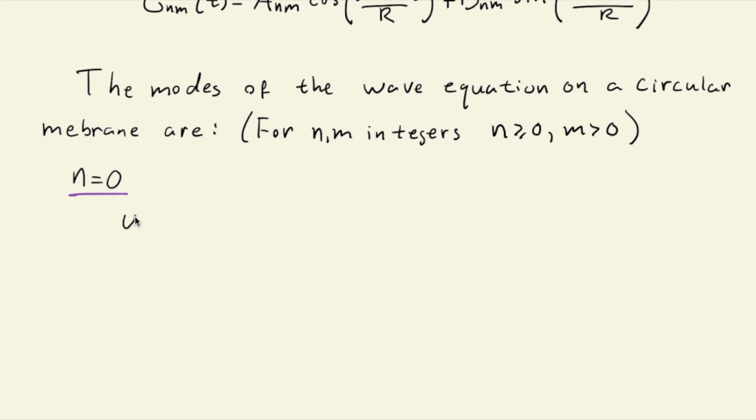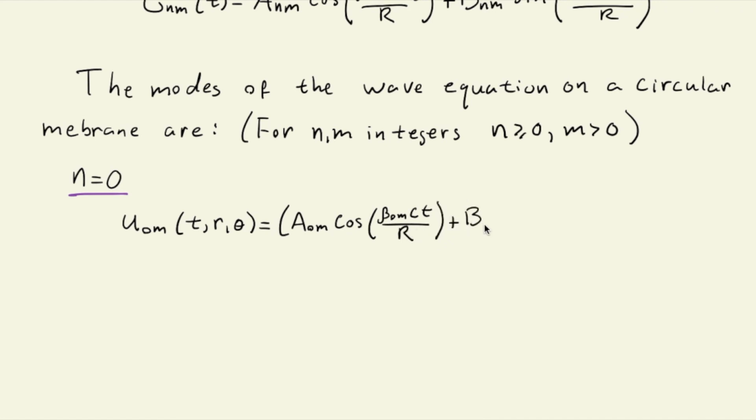you get a mode u0m(t, r, theta). I'm going to write it. Okay, so it's going to look like a0m cosine beta 0m c t over r. Am I able to do that? Plus, I don't know if it's going to fit, b0m sine of beta 0m c t over r.